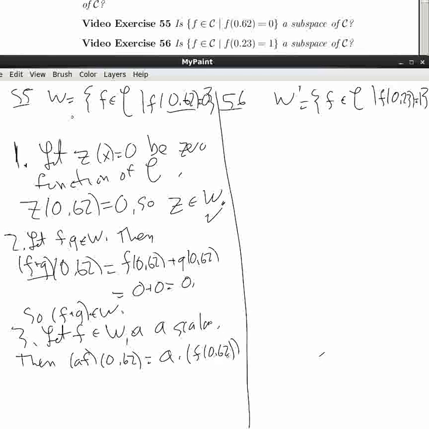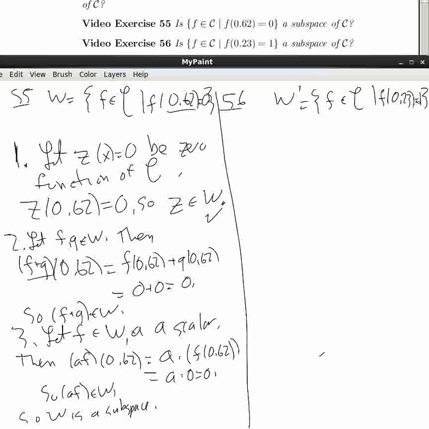Do I know what f of 0.62 is? Yes, because f is in W, and W has the property that anything in it, when you plug in 0.62, you get 0. a times 0 equals 0. So af belongs to W. So W is a subspace by theorem 45.